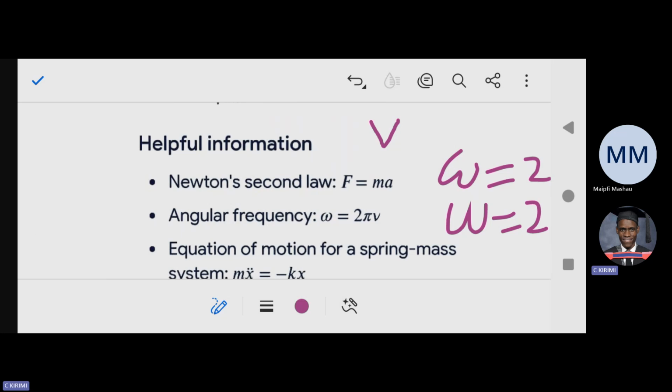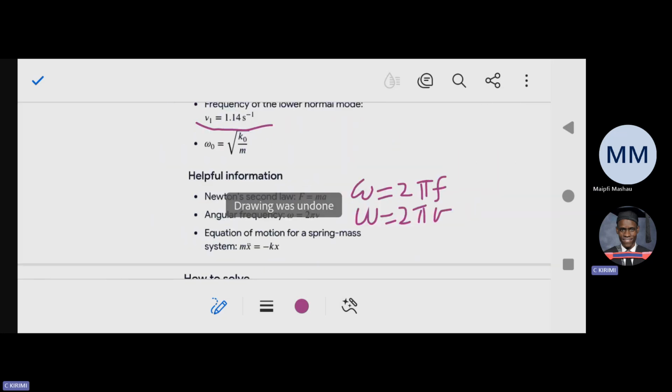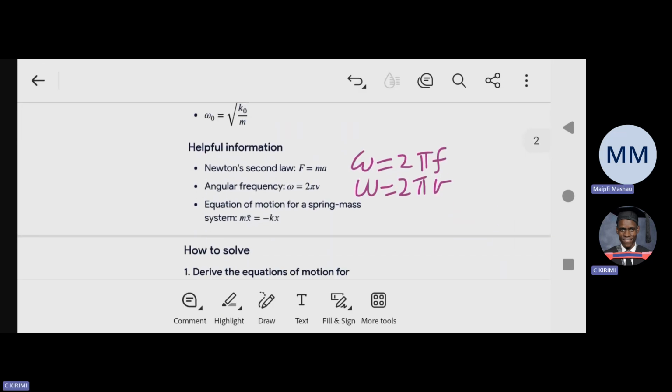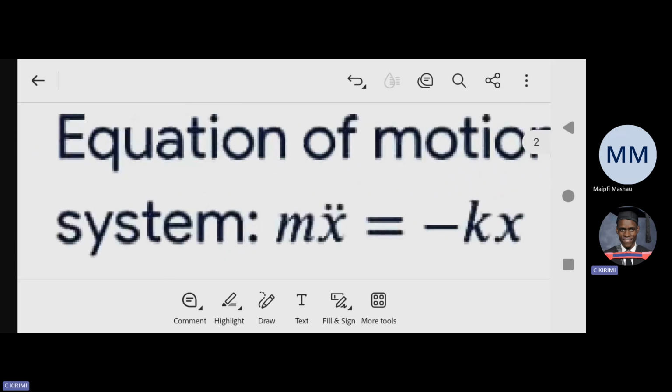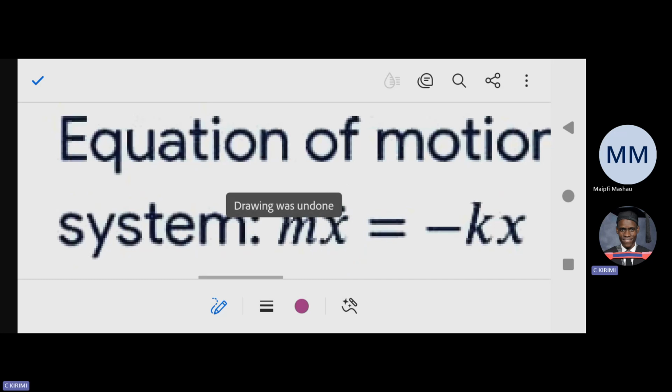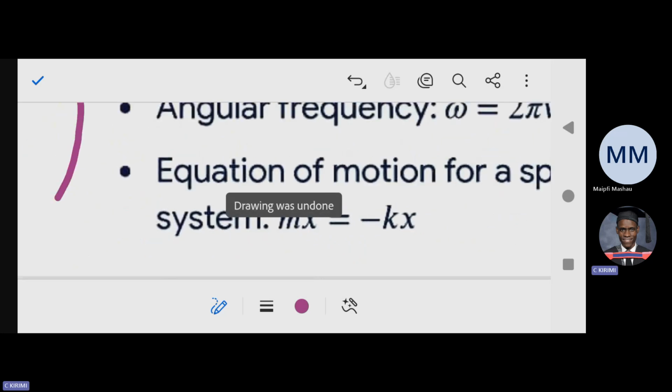You are talking about frequency. It means I must just know this equation by heart. Yes, I must know it. So it's not velocity, it's frequency, F. It's just a notation where some books write it differently. Can you see what they wrote here? Some books, they write what? Mass.